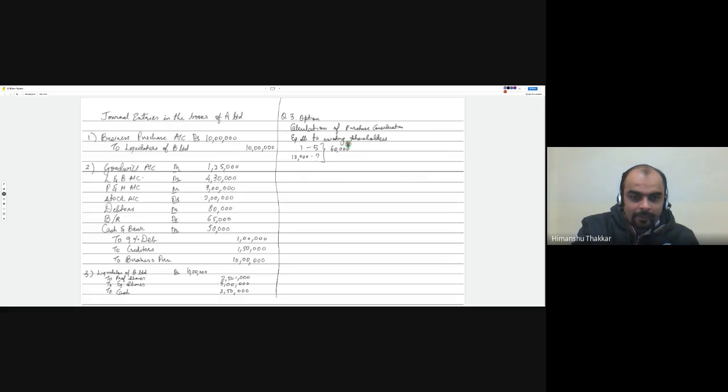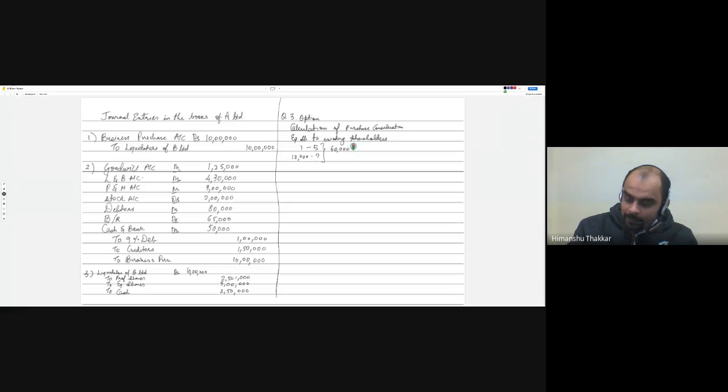Now they have said these shares will be given in what manner? Okay, so the market price is given, so they'll be issued at 12 rupees, that is 10 rupees for the share and 2 rupees as premium.